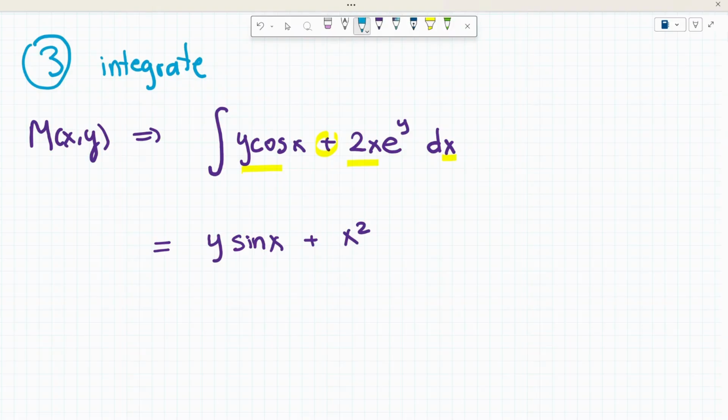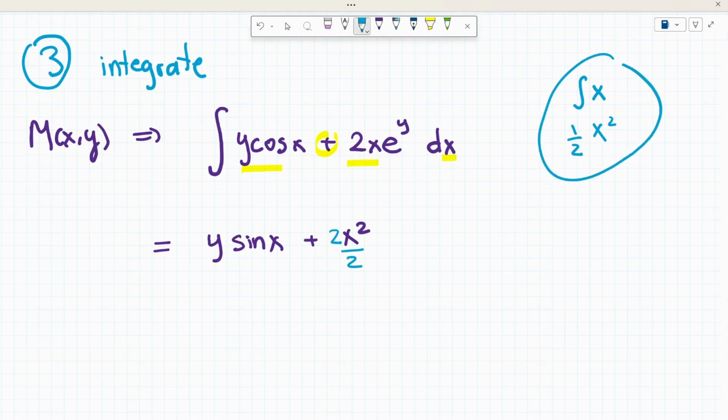As an aside, if we are integrating, for example, x, the integral of this is going to be x squared over 2. In this case, we already have a 2 in front, and then we have to divide this whole thing by 2 according to the integral rule. So then our 2's will cancel out, and we are simply left with x squared. And then we multiply by e to the y because y is a constant over here.